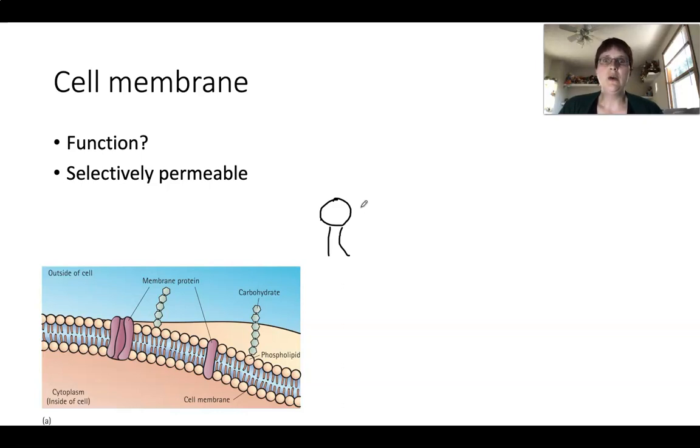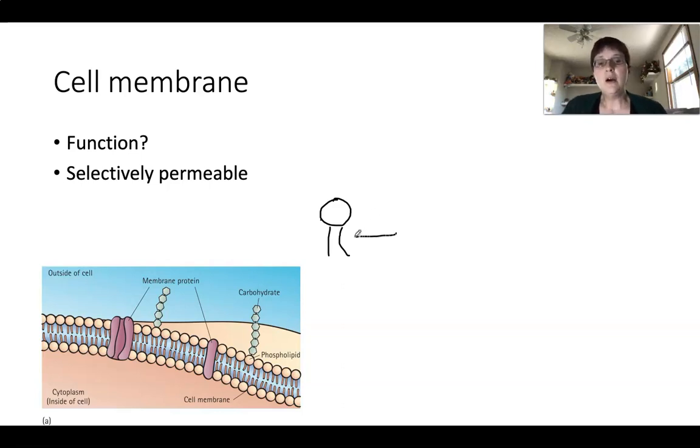Phospholipids belong to a group of molecules called the lipids. And one of the characteristics of the lipids is that they are going to be what we call hydrophobic. Hydrophobic meaning that they don't like water. They won't mix with water. So if you think of fats like oil and grease, those don't mix with water. And the same thing is true with a phospholipid to a point.